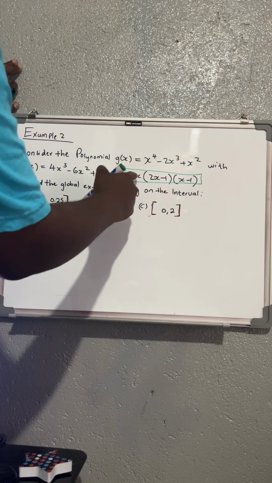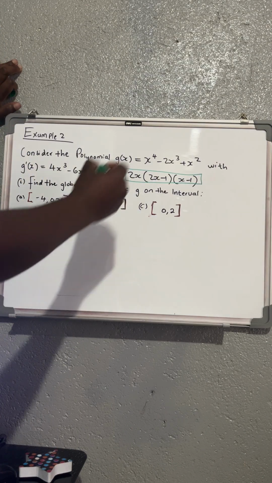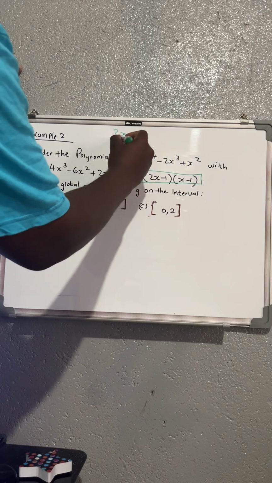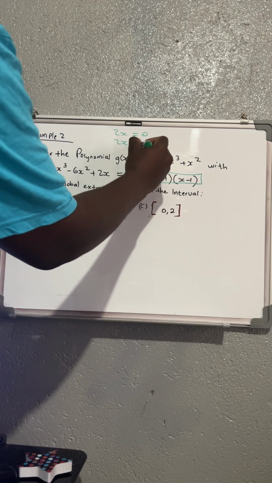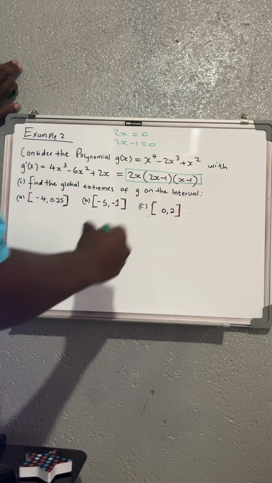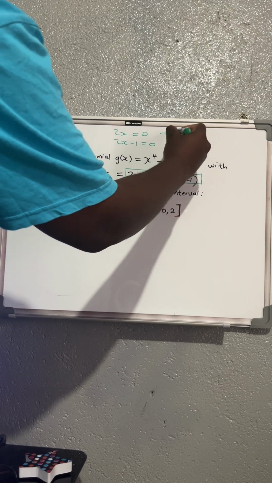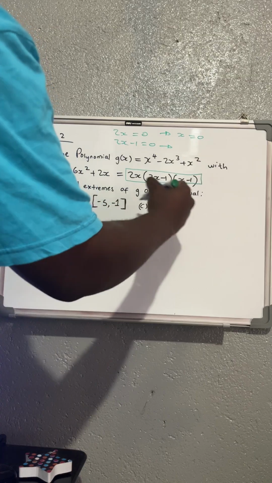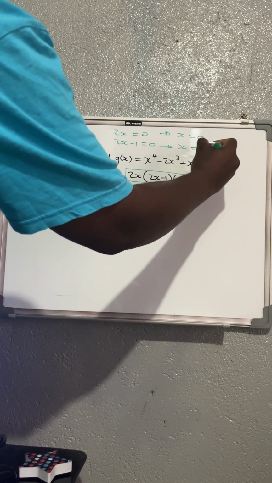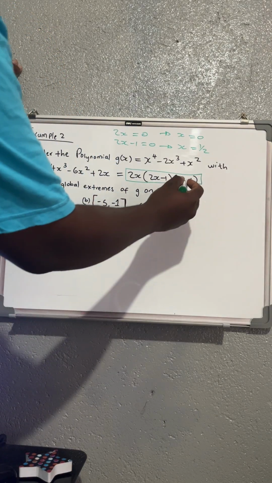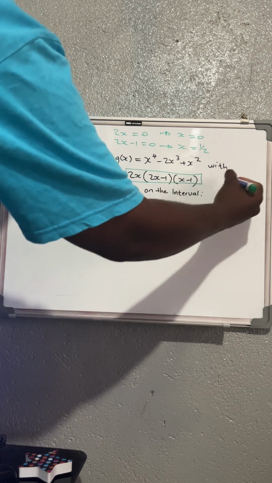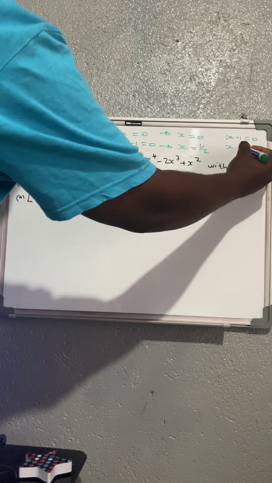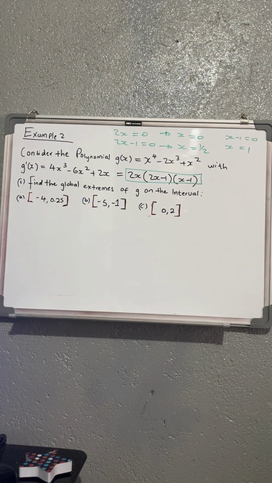We know these ones you have to equate to 0. You will have 2x equals 0, then you will also have 2x minus 1 equals 0. Here you will have x equals 0, this one you will have x equals 1 over 2, and the last one, x minus 1 equals 0, so x will be equal to 1.